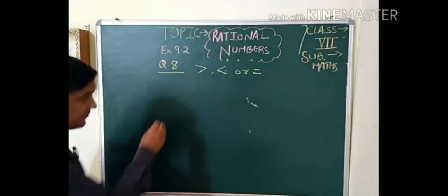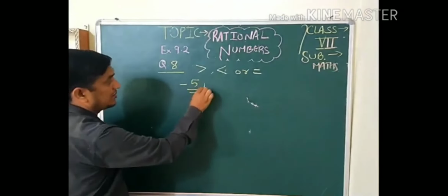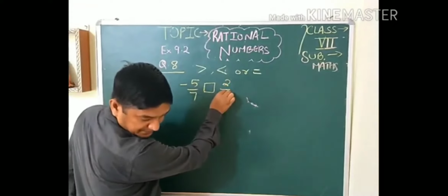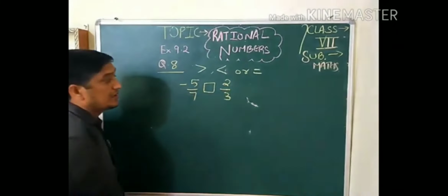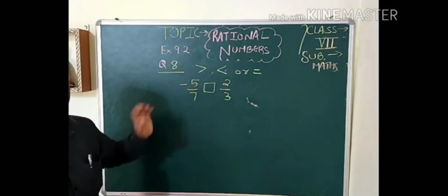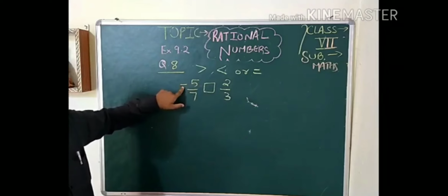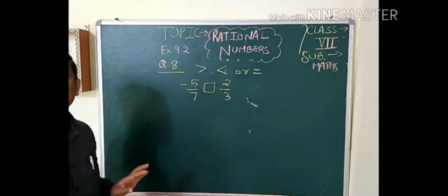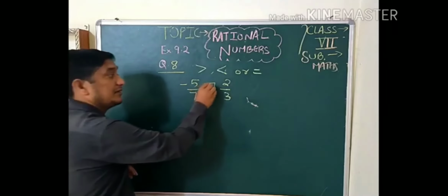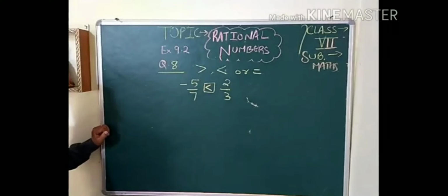Now, minus 5 upon 7 box 2 upon 3. Children, check which one is smaller, which one is greater, or whether they are equal. As it has a negative sign, negative numbers are always smaller than positive numbers or 0. So you can directly put this symbol here. Minus 5 upon 7 is smaller than 2 by 3.